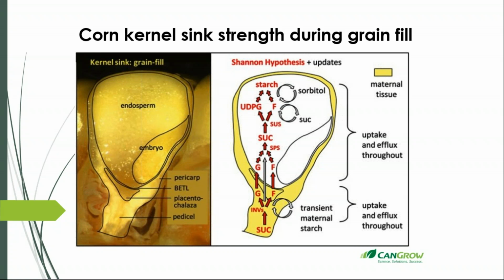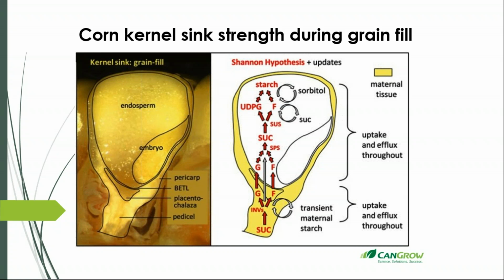So you've got to remember, at the rate that we're recommending, it's going to synchronize the senescence of that crop. And in field production, everything is about uniformity of emergence, uniformity, synchrony of pollination.